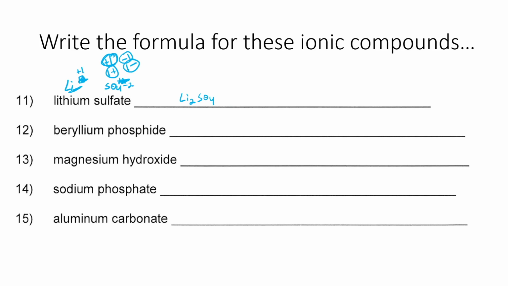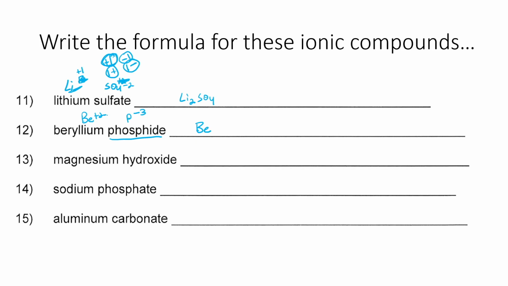Next one we got is beryllium phosphide. So beryllium is in group 2, Be. It's got a +2 charge. And then phosphide is from phosphorus. That's in group 5, and if it's in group 5, 8 minus 5 is 3, so it has a -3 charge.